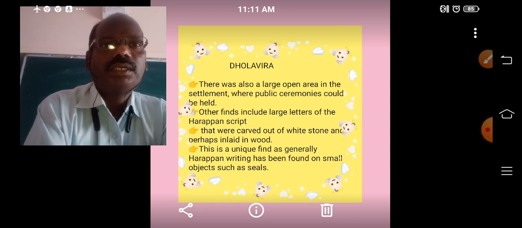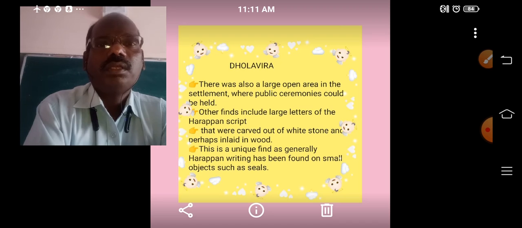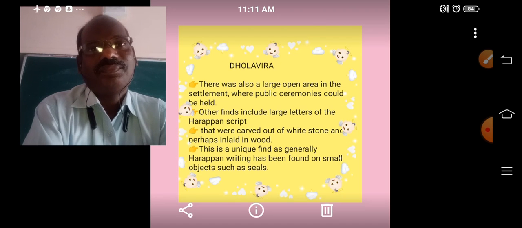And these letters were carved out of white stone. In Mohenjo-daro or Harappa, they used soft stone, but here they used white stone for making their seals and carving their writings. These are some of the specialities of the Dholavira culture.